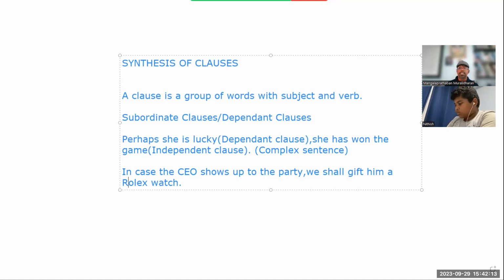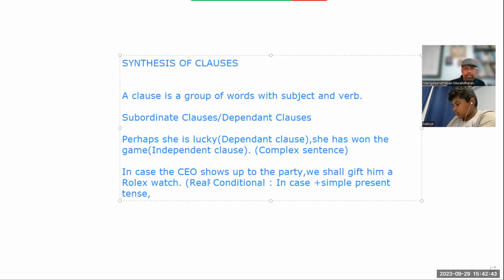If you have a simple pattern here, this is again a complex sentence. Look at this. This is called a real conditional clause. What is a real conditional? A real conditional is made up of in case plus what? Simple present tense. The sentence in simple present tense, right?